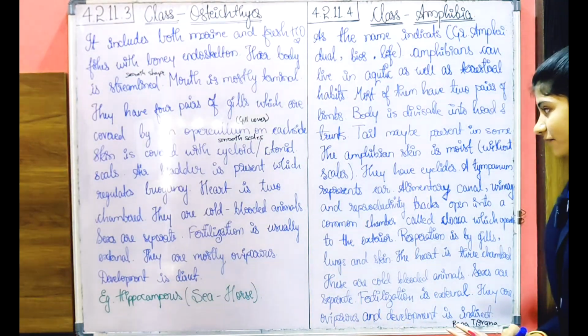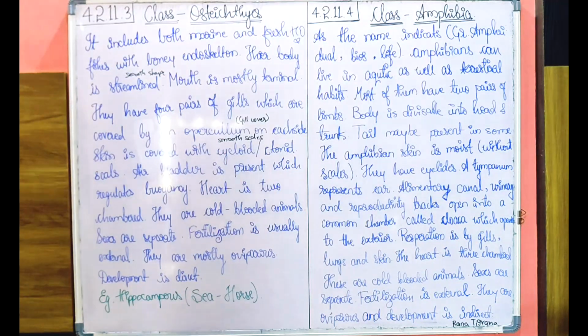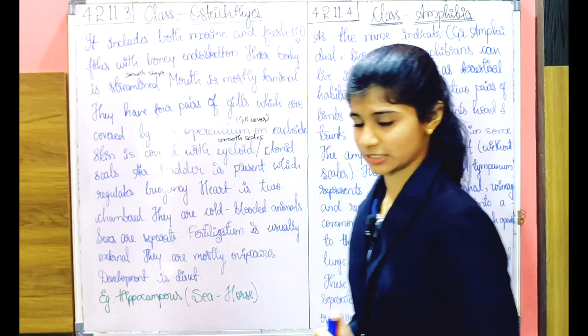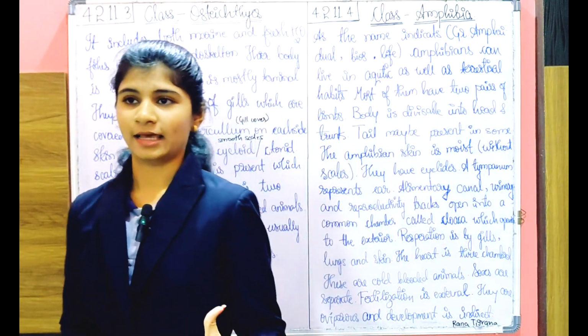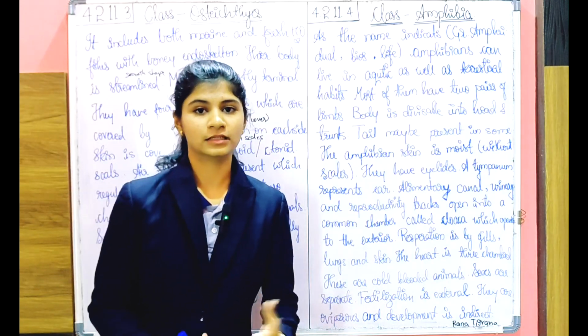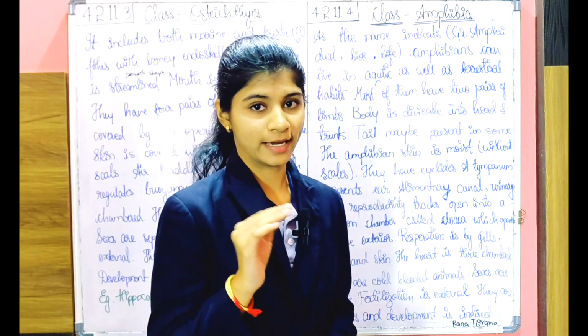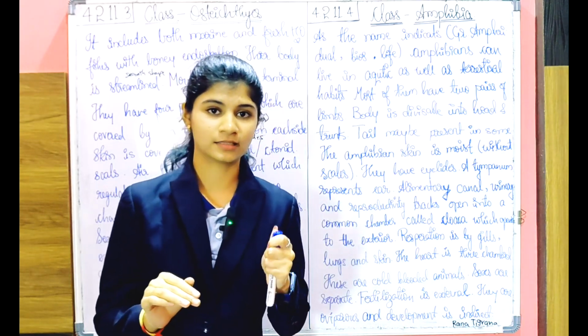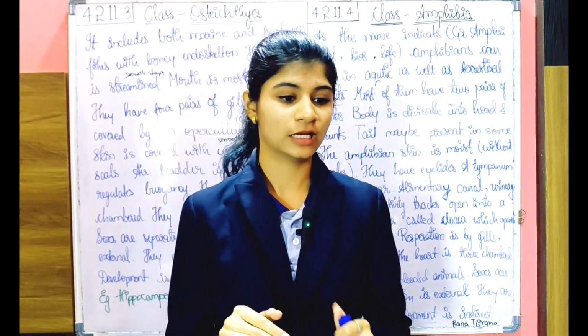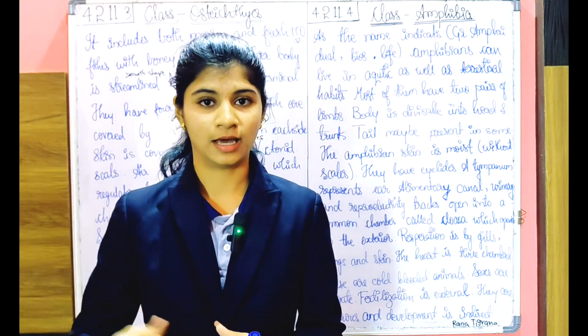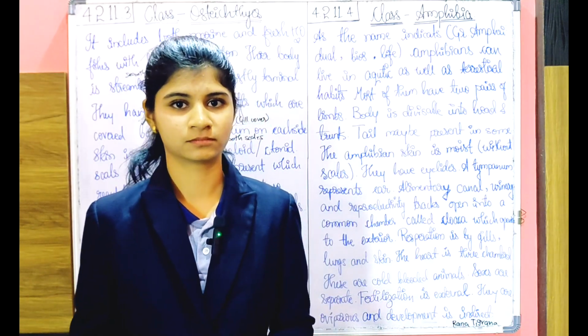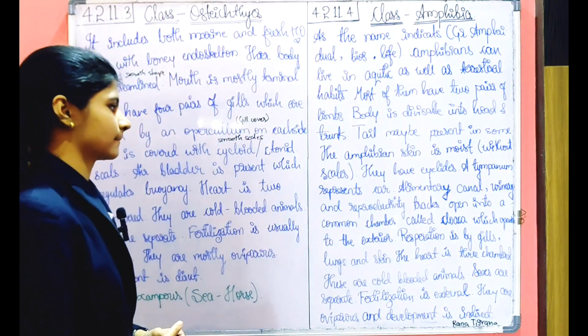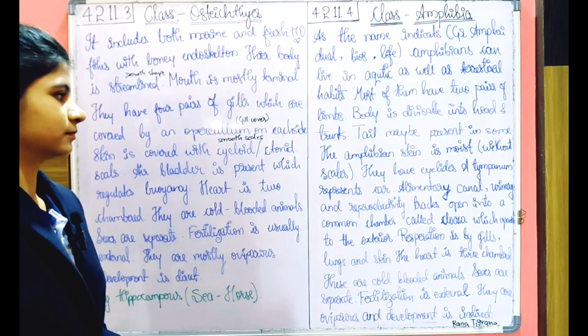Amphibian skin is very moist. Whenever in the rainy season you touch a frog, see how moist its skin is. It will just jump from your hand and skip off. Then they have eyelids.